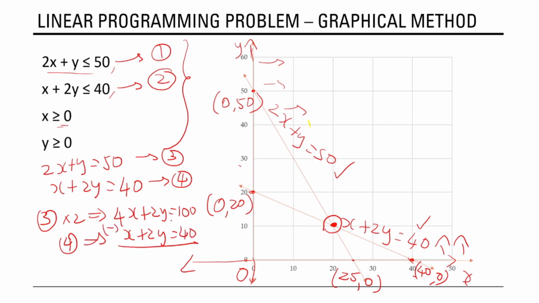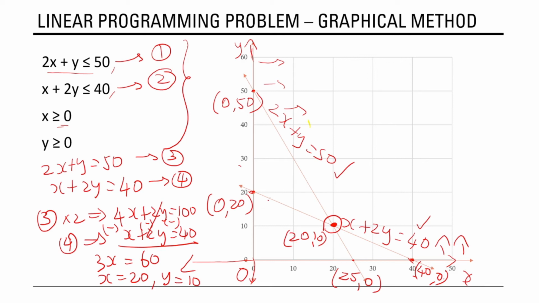So when we subtract, I get 3x is equal to 60, or x is equal to 20. Substituting x is equal to 20 in 3, I get y is equal to 10. So the point of intersection of these two lines corresponds to (20, 10).